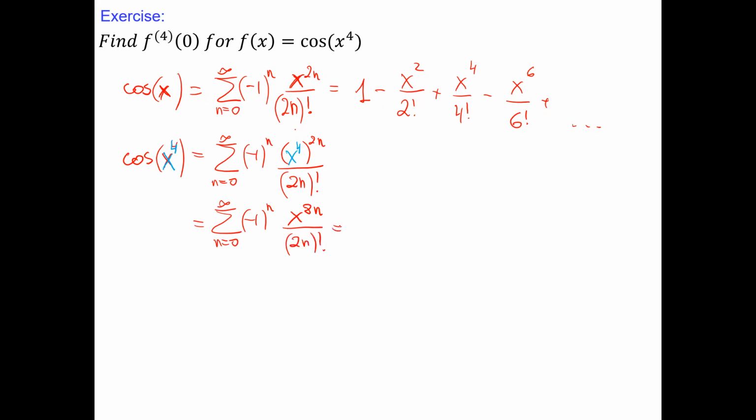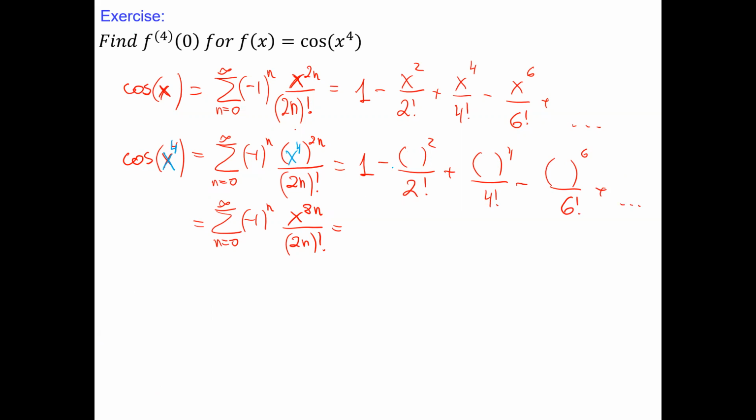Let's expand this: x to the power of 4 squared over 2 factorial, to the power of 4 factorial, to the power of 6 factorial, and so on.